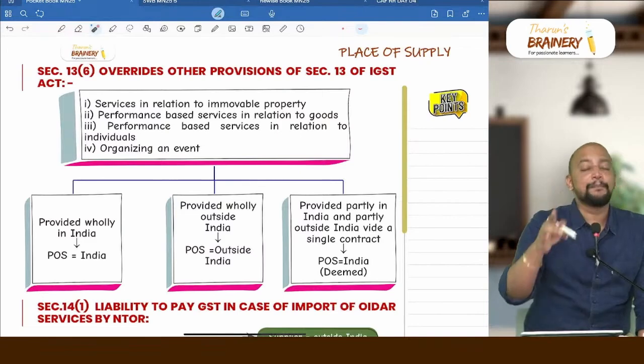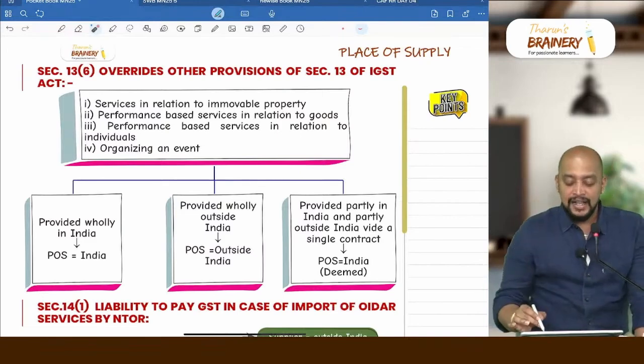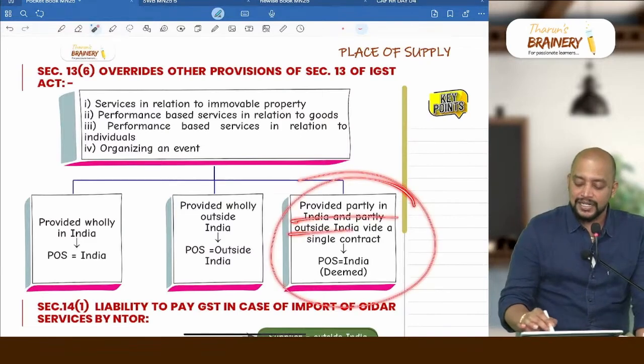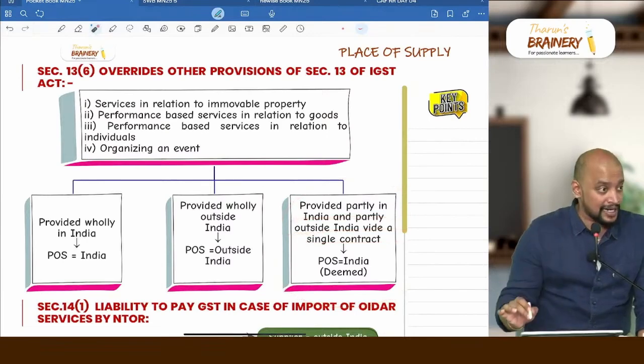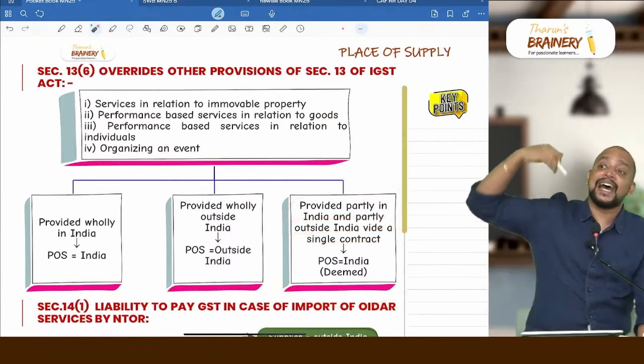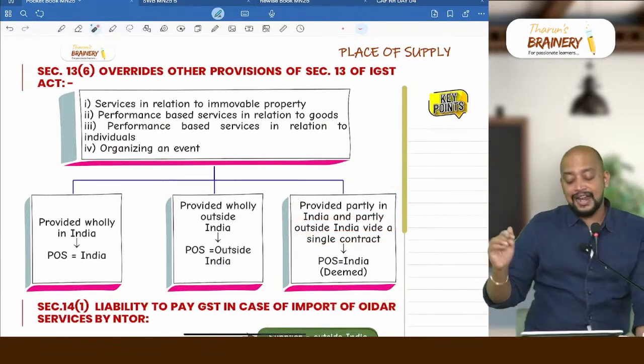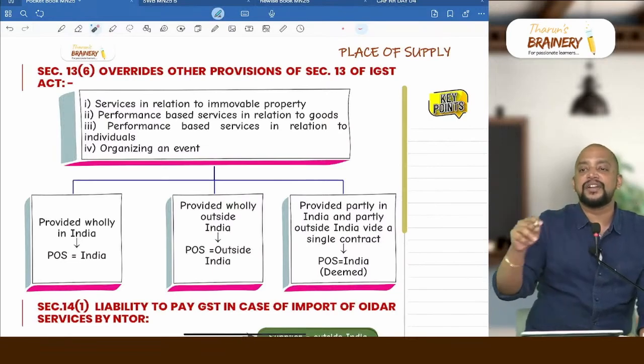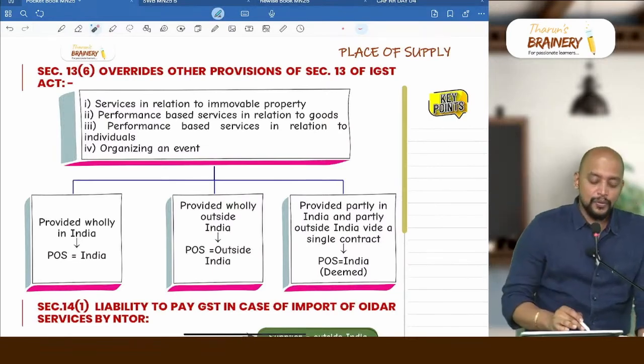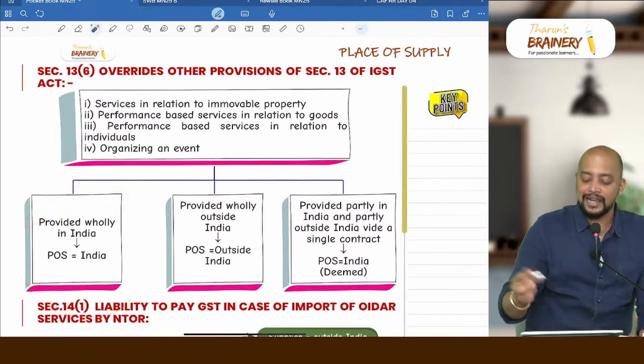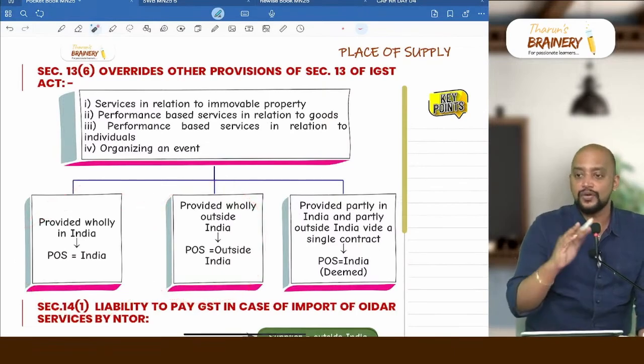What if it is partly in India, partly outside India? If it is partly in India, partly outside India, with a single contract, the place of supply will be entirely in India, and thereafter we need to divide it between the states based on the rules. What if it is fully in India? No problem, India. What if fully outside India? Outside India.